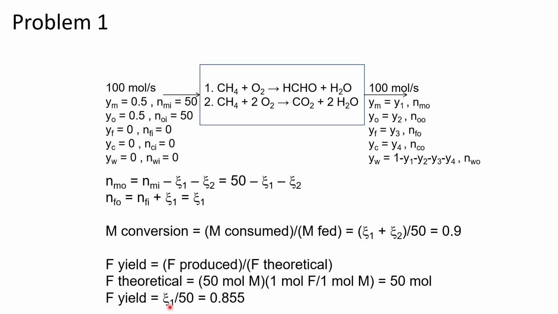So the yield is the formaldehyde produced, which, if we look at the expression for formaldehyde out, is the formaldehyde out minus the formaldehyde in. That's equal to Xi1. So the formaldehyde produced is Xi1. We divide that by the theoretical amount, 50, and set that equal to 0.855, an 85.5% yield. This is an equation we can solve for Xi1.